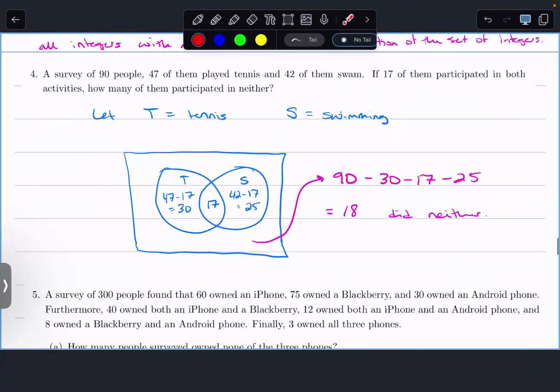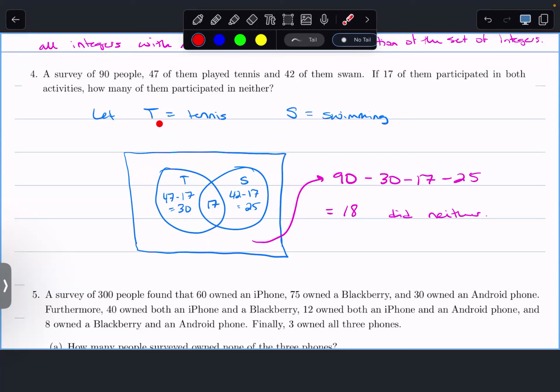Here's what I wanted you to work on. We have a survey of 90 people, 47 of them played tennis and 42 of them swam. If 17 of them participated in both, how many of them participated in neither? Same idea, you start in the center with the 17 that did both.